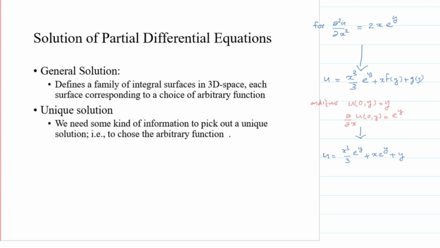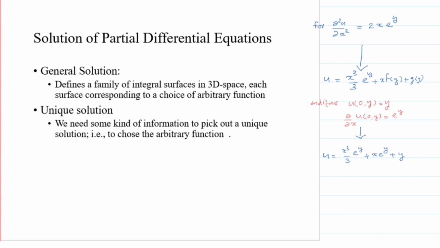But every time you integrate, you will come up with an arbitrary function. In earlier classes, or in previous semesters, you called this a constant of integration. So here we call it an arbitrary function. When you put sufficient initial conditions, you can evaluate this arbitrary function. In this case, you can see on the right hand side, f of y and g of y.